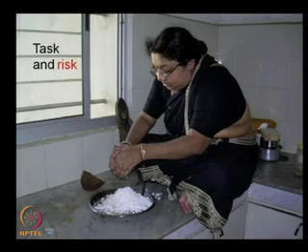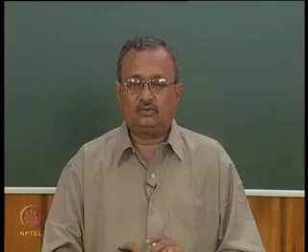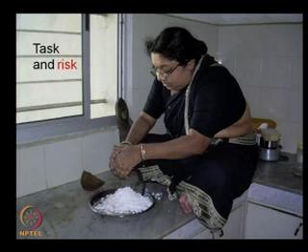Task and risk. We cannot say what would be the anticipated behavior. Now see, she is sitting on a kitchen platform because of many factors, like light coming from the window, and also she feels comfortable. But this is the risk. So, whether this much space is appropriate for a person to sit, that we need to consider.